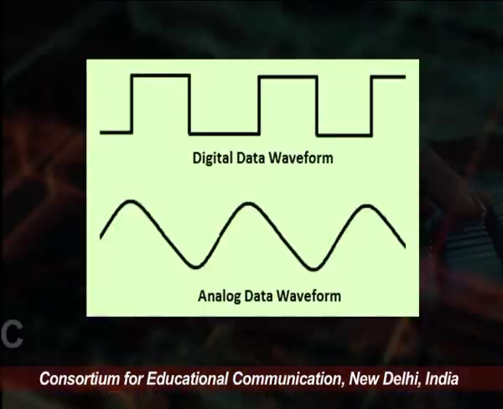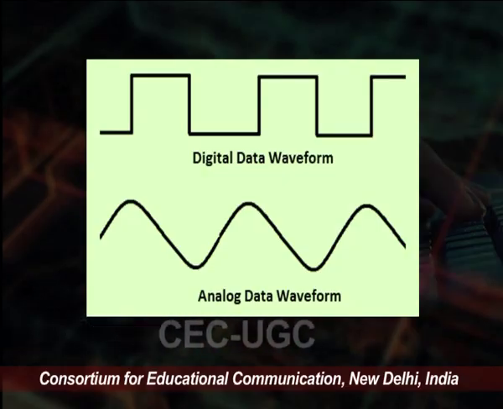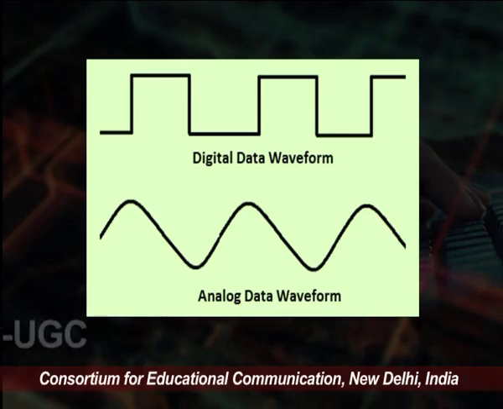If you want to have a look at what the digital waveform looks like, although this is very basic and I am sure that you are aware of this, the analog waveform is given in the picture in the bottom half.